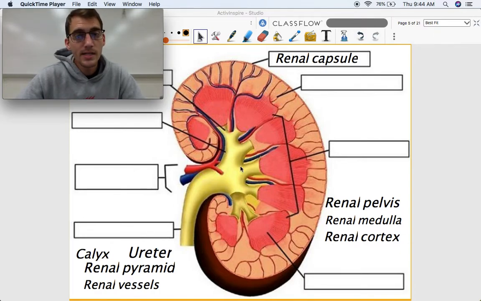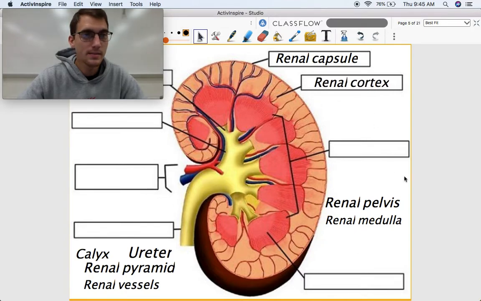Okay, and then there are three distinct layers within the kidney. You've been in this class long enough to find out that, like a lot of things in the human body, there are three layers to it. And that's true for the kidney. So the outermost layer, this pinkish-looking color here where all these blood vessels are running to, is called the renal cortex. So the cortex is the outermost layer here.